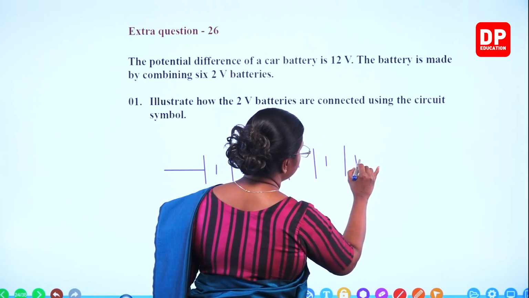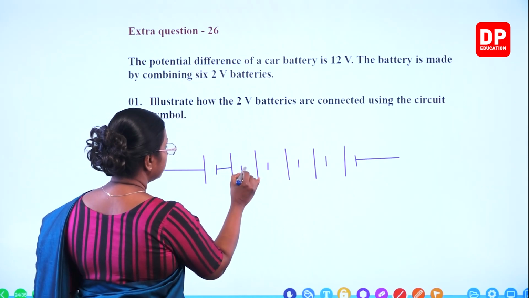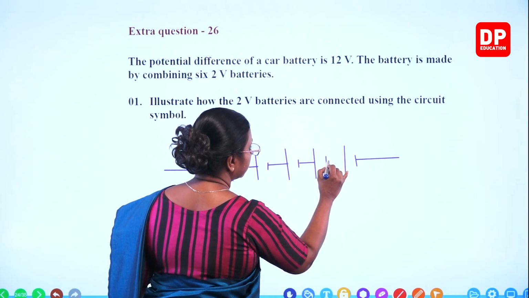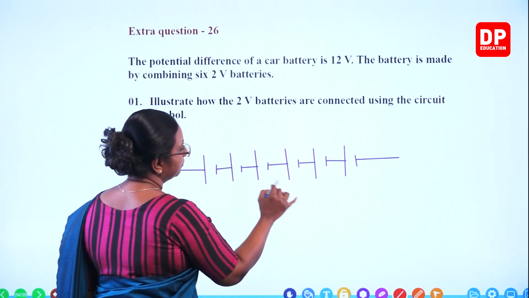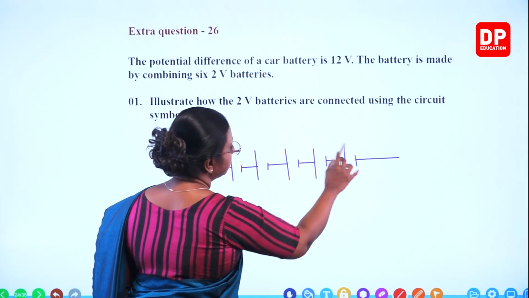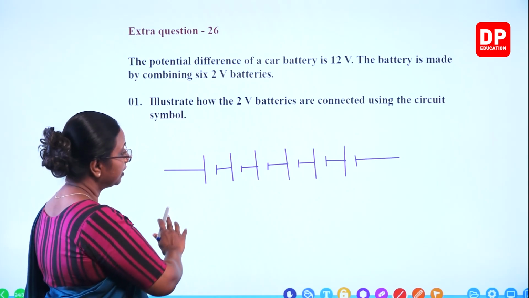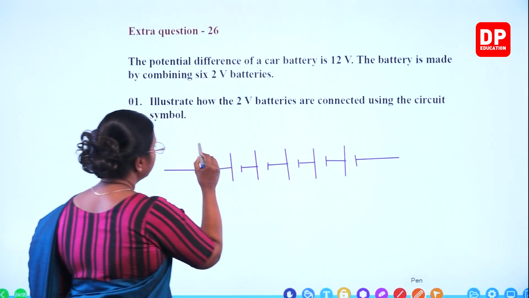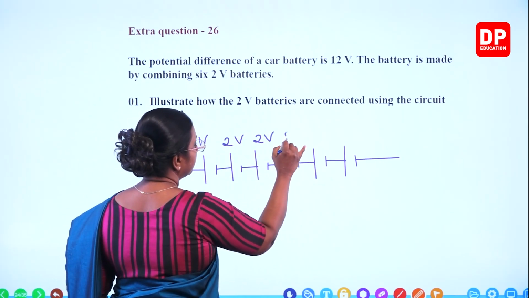You need to have 6 batteries. So here also we connect the 6 batteries: 1, 2, 3, 4, 5, 6 2-volt batteries. Each one is 2 volts, 2 volts, 2 volts, 2 volts.